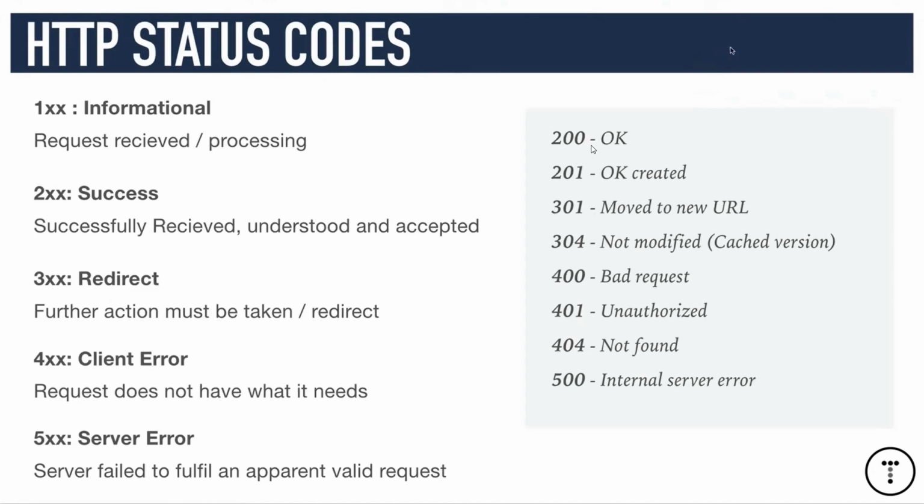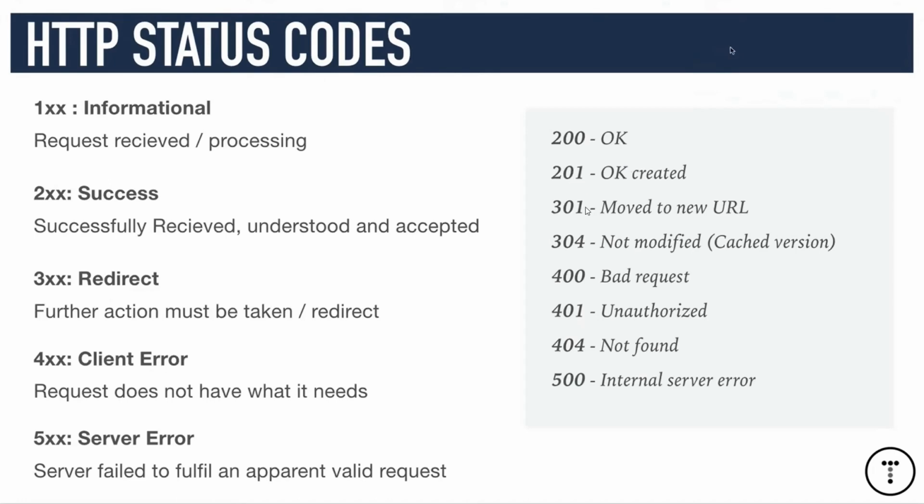You make the request, you get the HTML page, you get a 200 response. 201 is OK, but it means something was created. So if you are creating a blog post and everything goes okay, then you might get a 201 response.